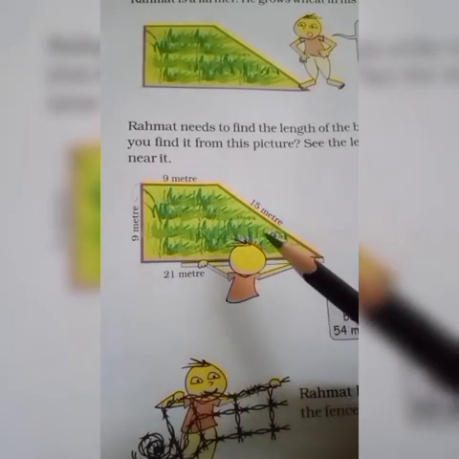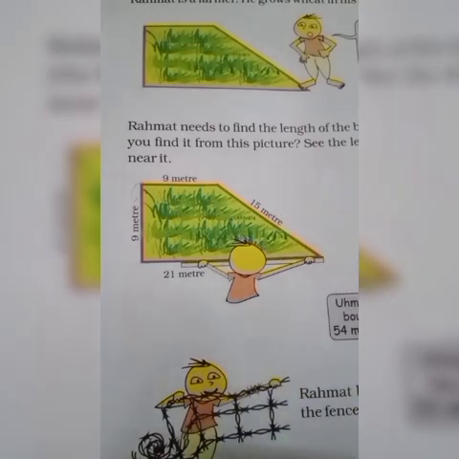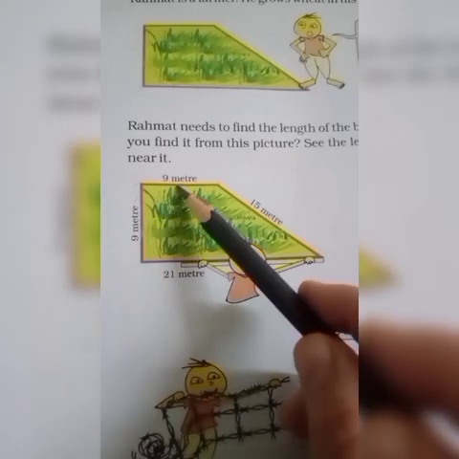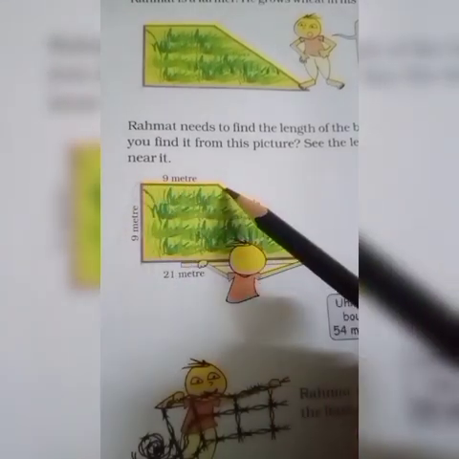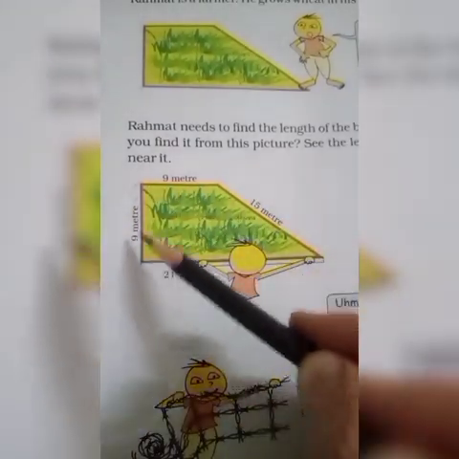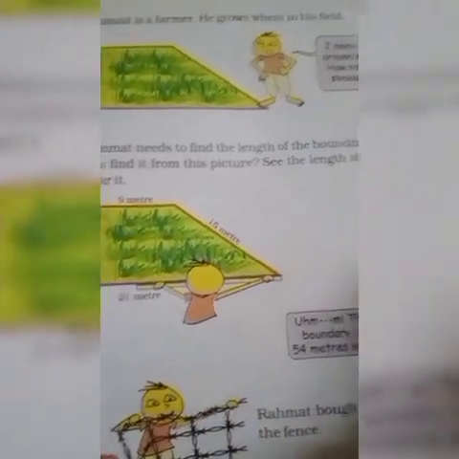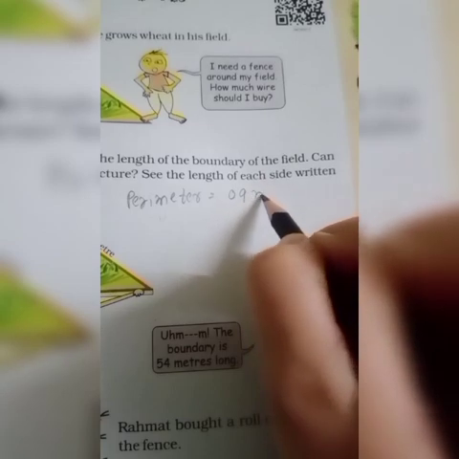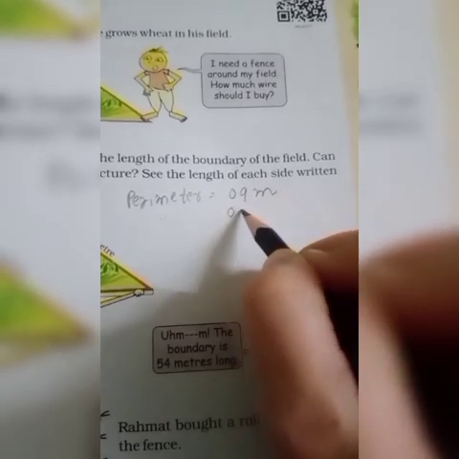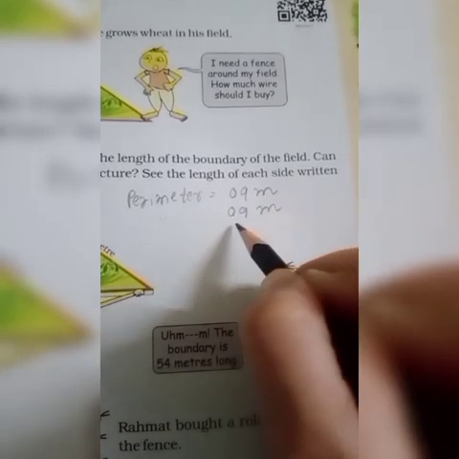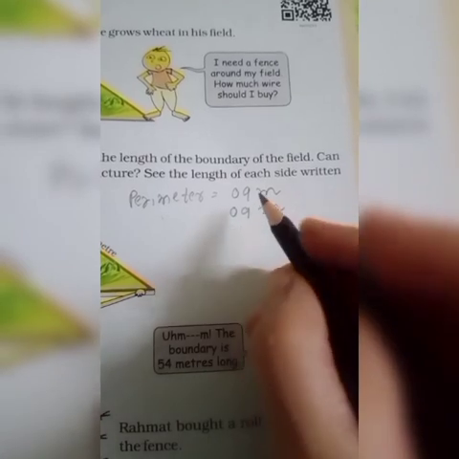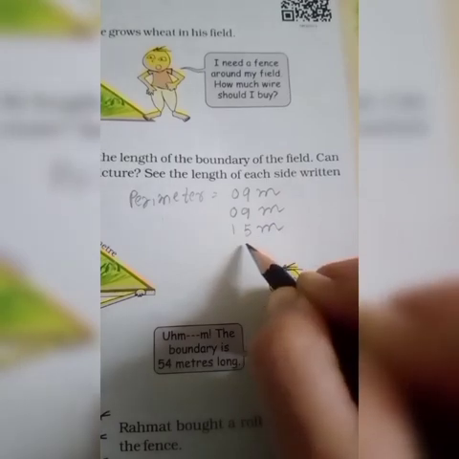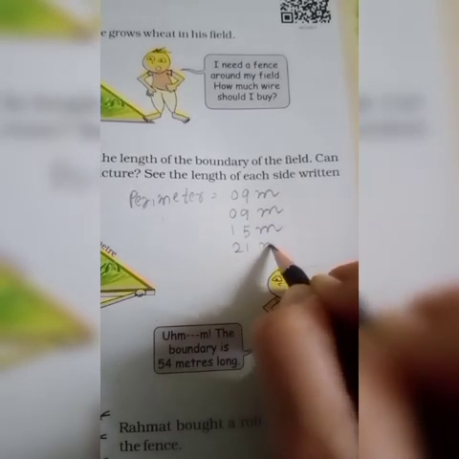As I explained, perimeter means what? Sum of all the sides. So this field, all its sides, this side, this one and this one, if we add all these sides, the sum. So for perimeter, 9 meter, another side which is also 9 meter, right? You can see this dimension which is given in your textbook. Yes or no students? 15 meter and 21 meter.